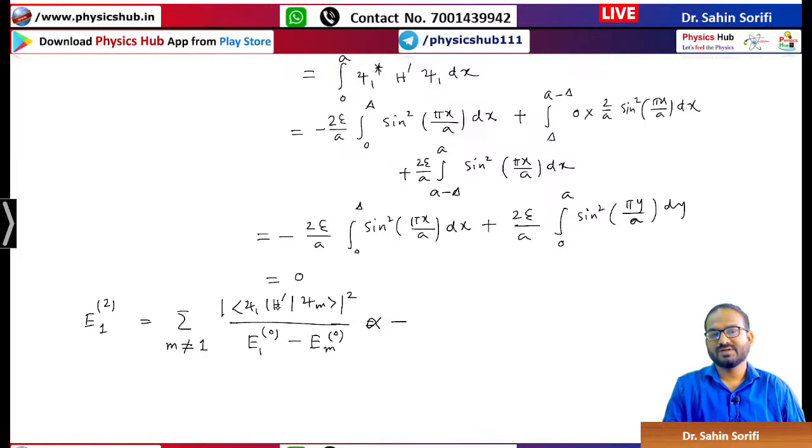So some negative term will come, proportional to <psi 1|H'|psi m>. If you put <psi 1|H'|psi 1>, that is 0, but if you put 2, 3, 4 and so on, you will get it in terms of epsilon. Epsilon square is there. This is because E1^0 is less than Em^0 for m not equal to 1.